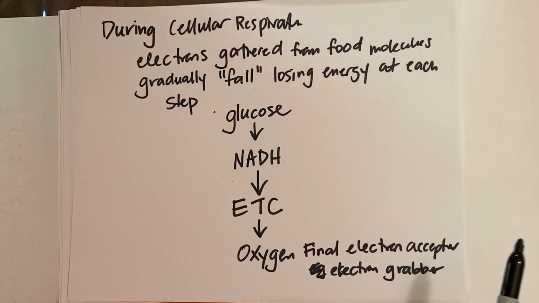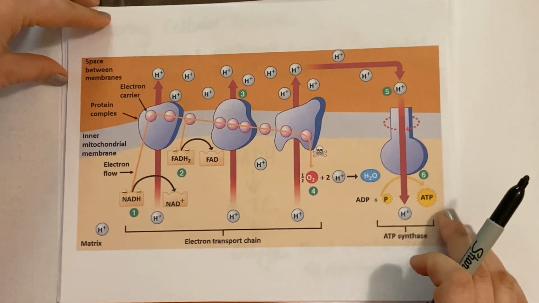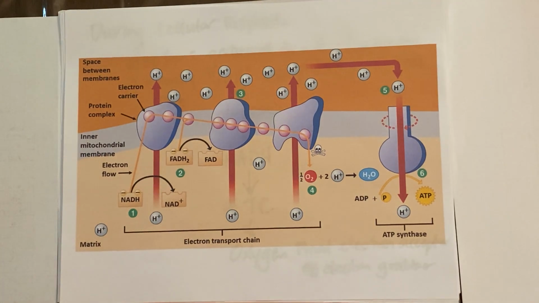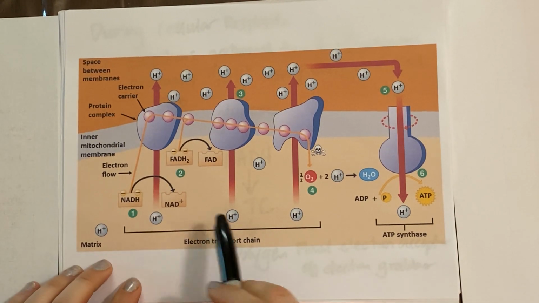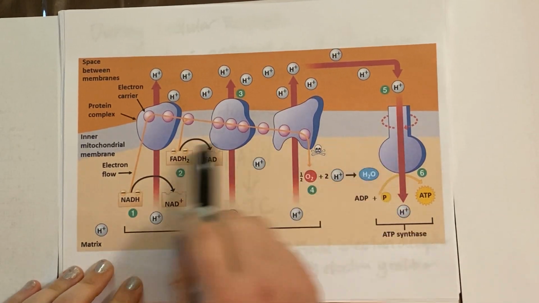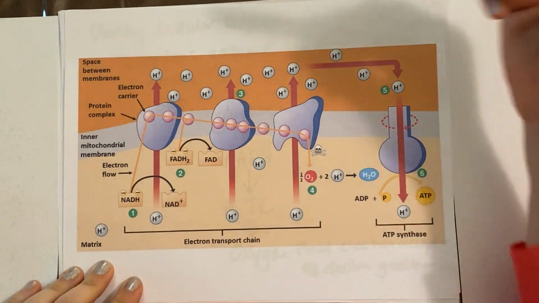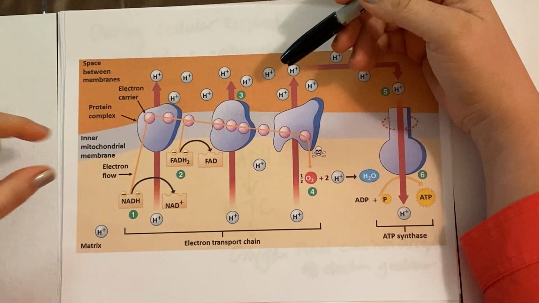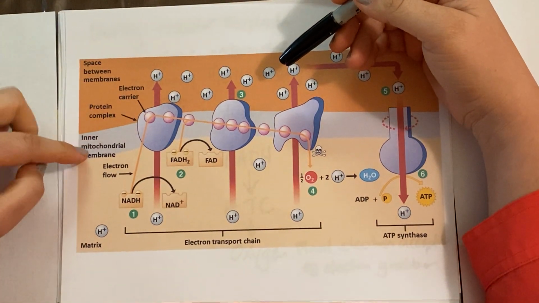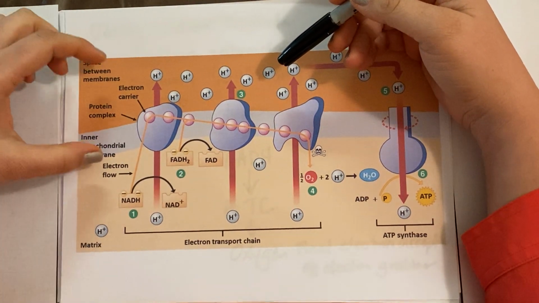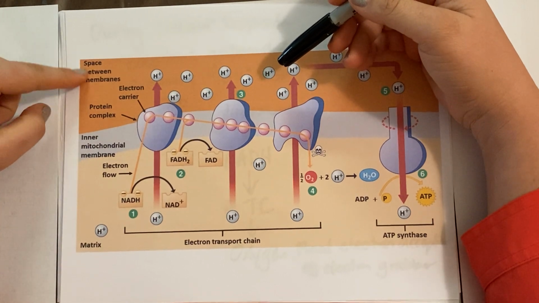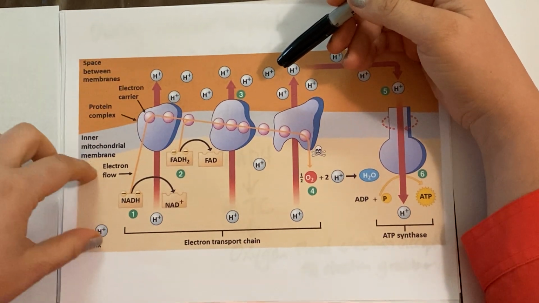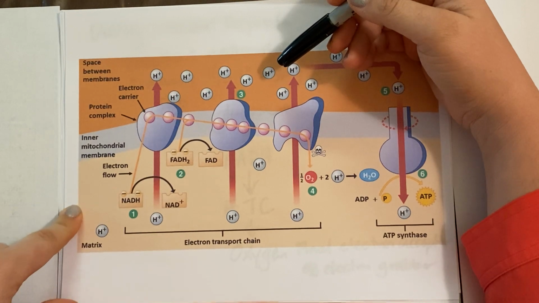This is what the electron transport chain actually looks like. You're probably going to say this looks really complicated, and it is pretty complicated, but the electron transport chain has proteins built into the membrane. We're still in the mitochondria, and the mitochondria has a double membrane, with a space in between the membranes and then another outer space.